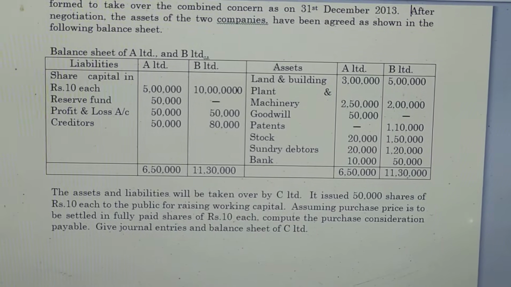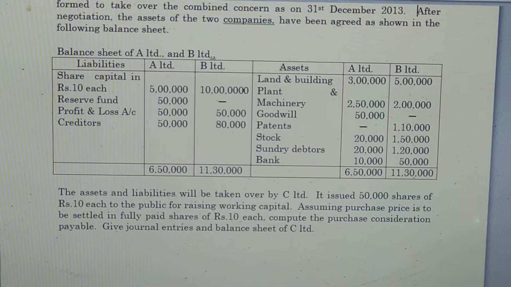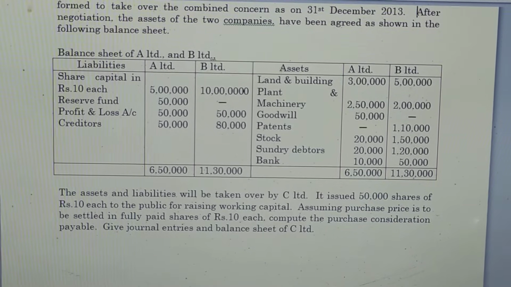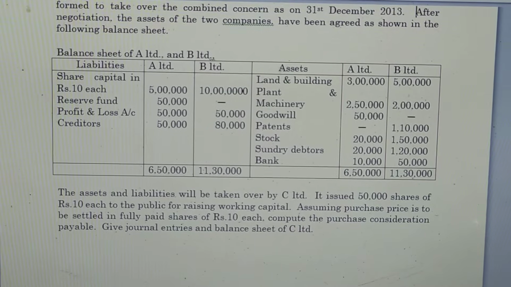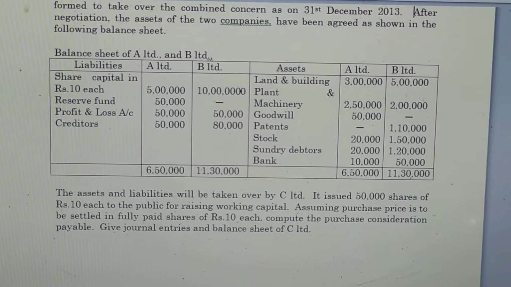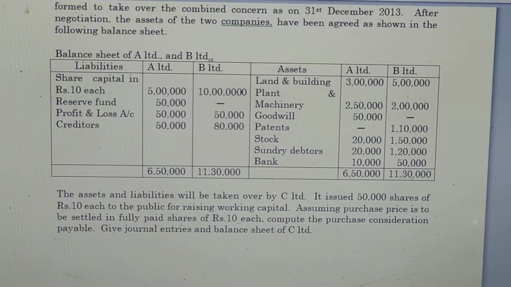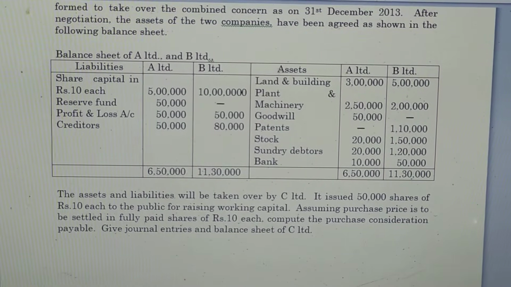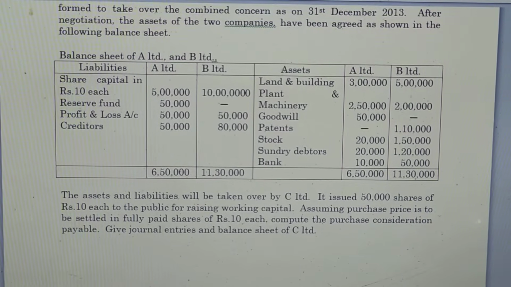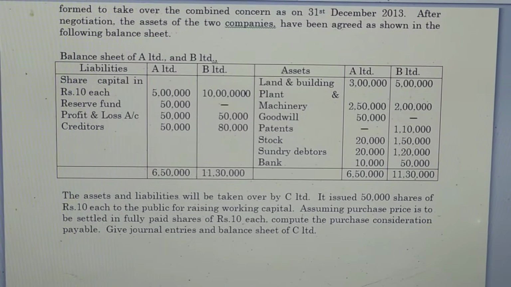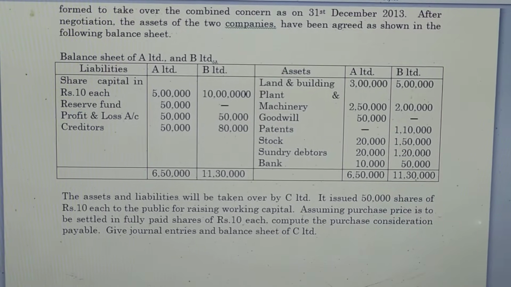Patents no value for A Limited, 1,10,000 for B Limited, and stock 20,000 for A Limited, 1,50,000 for B Limited. Sundry debtors 20,000 for A Limited, 1,20,000 for B Limited, and bank 10,000 for A Limited and 50,000 for B Limited. So the total assets are 6,50,000 for A Limited, 11,30,000 for B Limited.